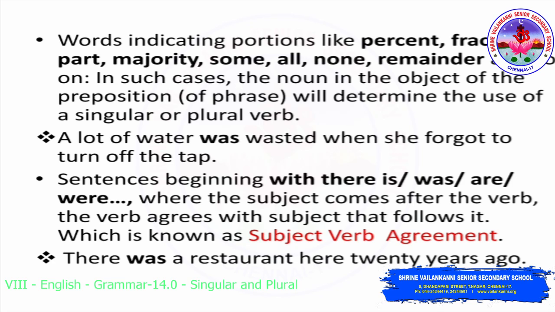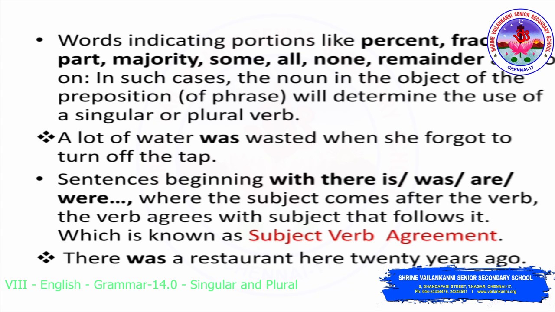Okay. Words indicating portions, like percentage, fraction, part, majority, some, all, none, remainder. In such cases, the noun in the object of the preposition phrase will determine the use of a singular or a plural verb. For example, if I say, a lot of water was wasted when she forgot to turn off the tap.